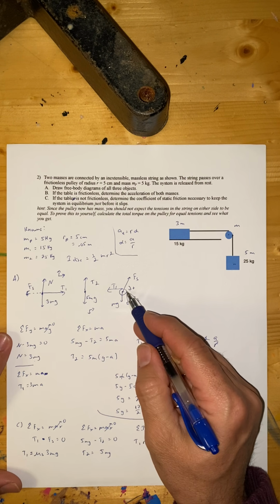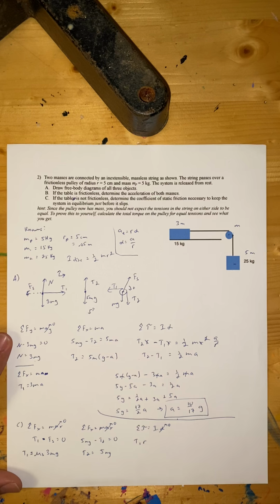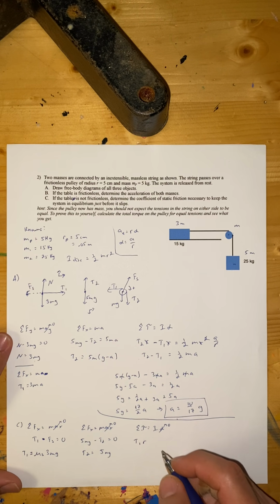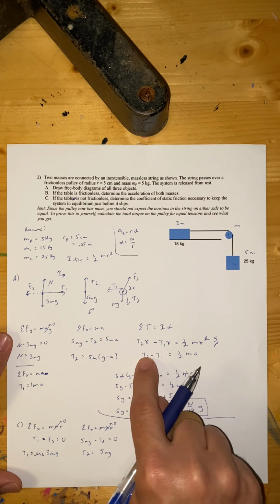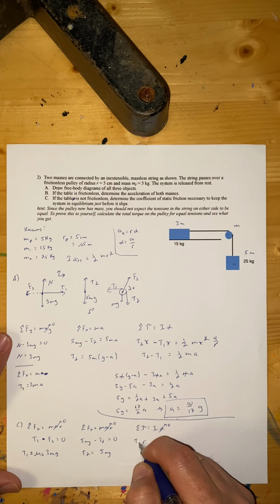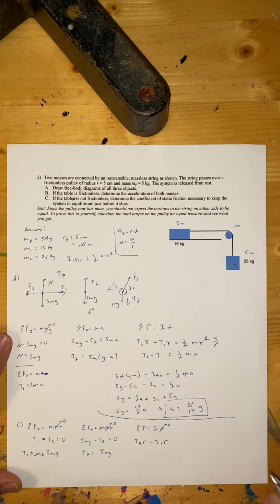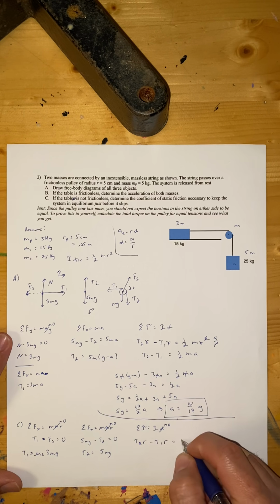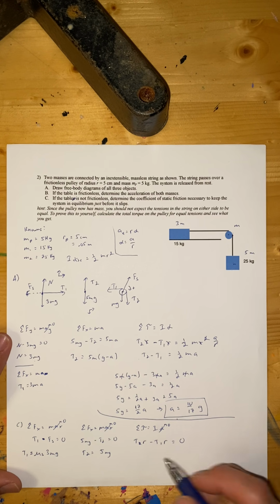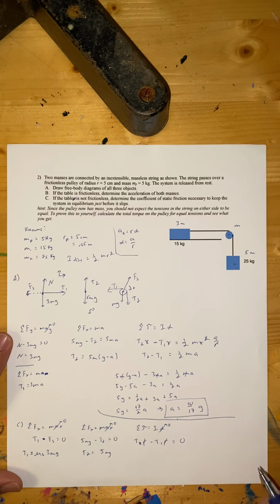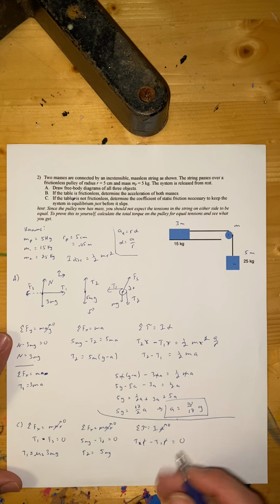It's still the distance between the point of summation and the point of application. I did it backward. I did it the other way up here, so let me do that. T2 times the radius minus T1 times the radius is equal to 0. All right, so let's get rid of the radii. That's going to give me T2 is equal to T1.